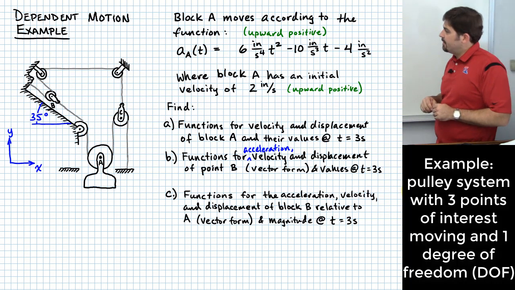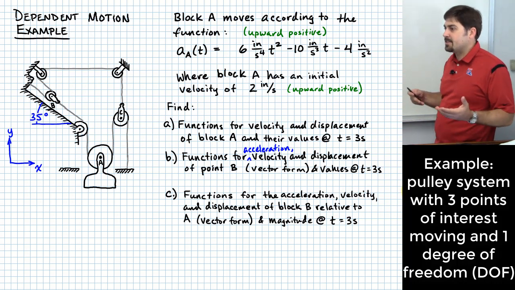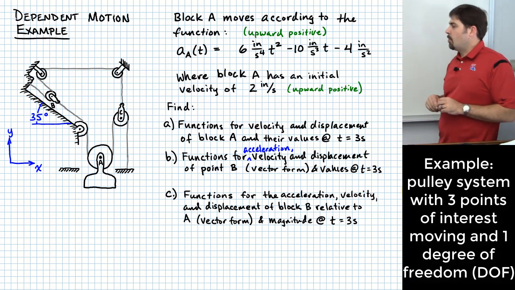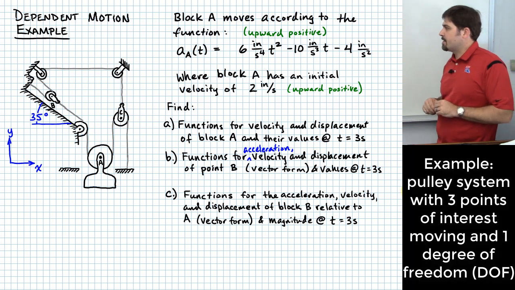And that's more of this style of problem. And to give us a little bit more concrete output, I'm saying pick one time, let's say 3 seconds, and we can find it at that time. But you could also find it at other times if that's something you wanted to do. Okay. Part B, I want us to find functions for velocity and displacement and acceleration of point B. Okay.